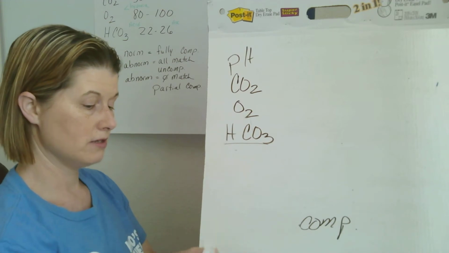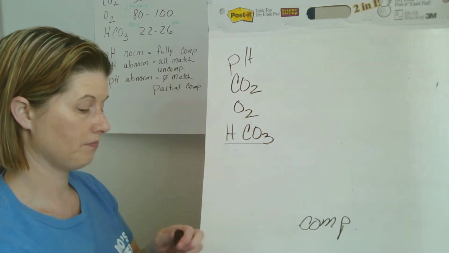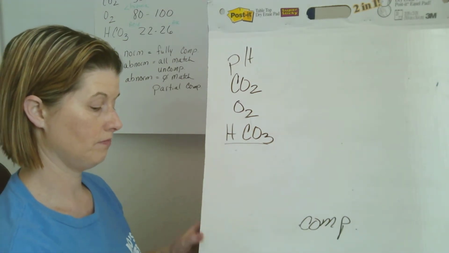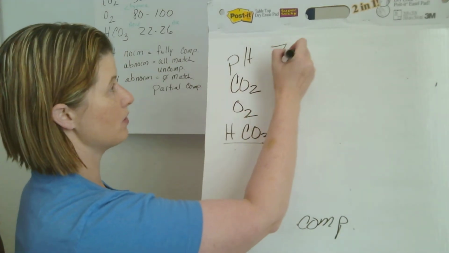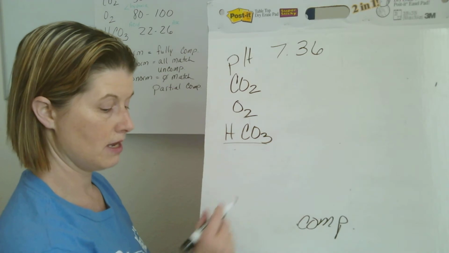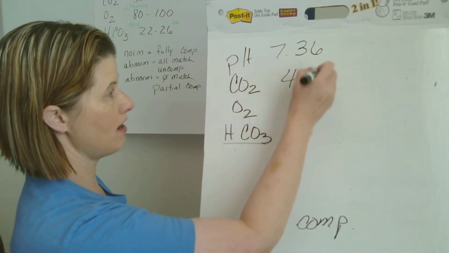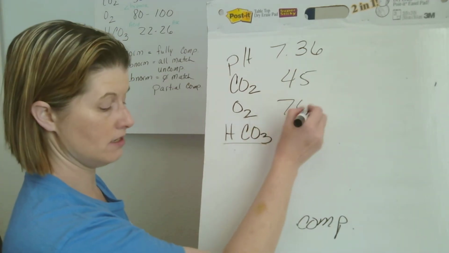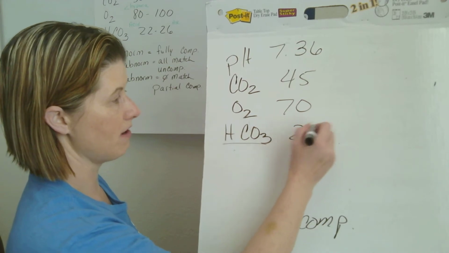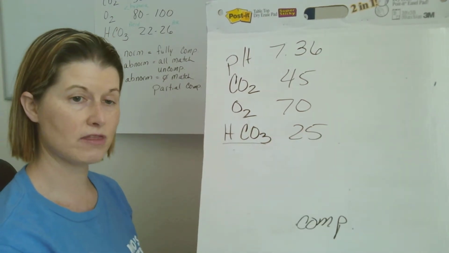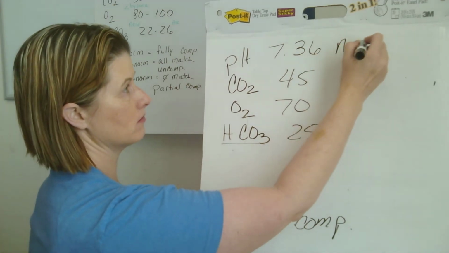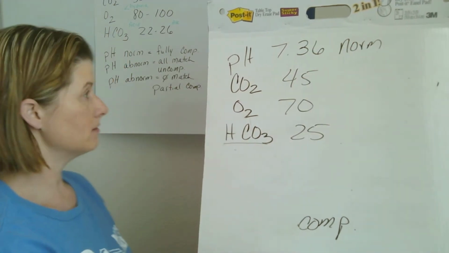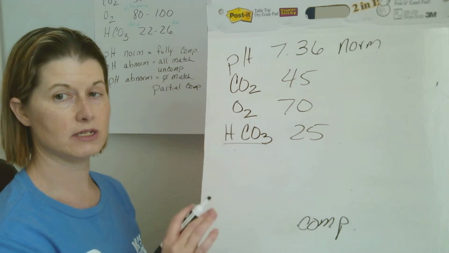Okay, so our next example, our pH is 7.36, our CO2 is 45, our oxygen is 70, and our bicarb is 25. So again, very methodically, step by step, pH is normal, but it's closer to the acidic side.